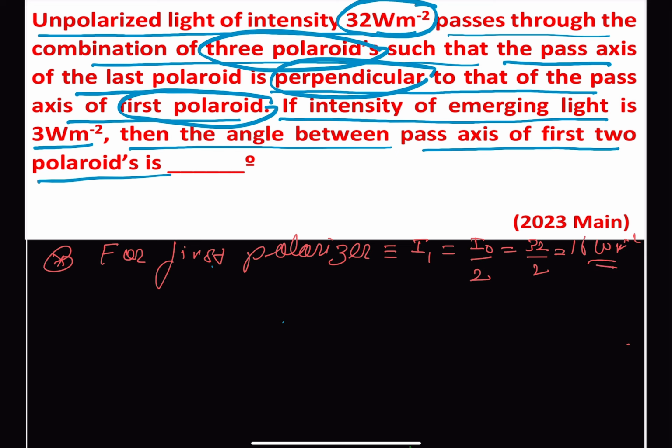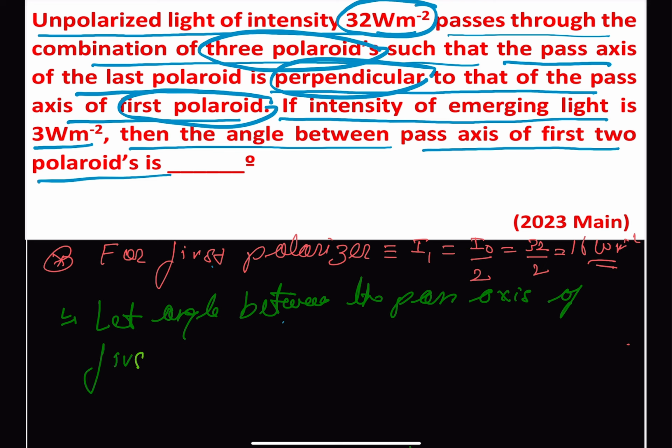We assume that the angle between the pass axis of the first and second polarizer is theta. Therefore, we can write the output of the second polarizer.